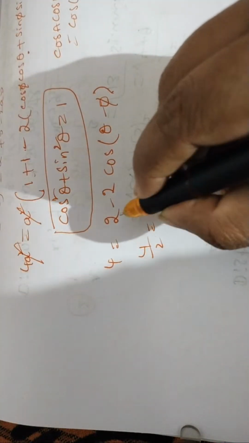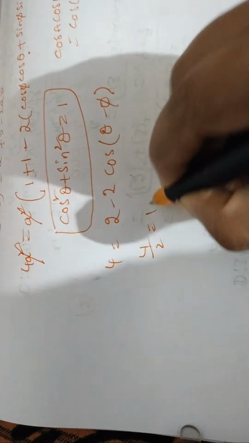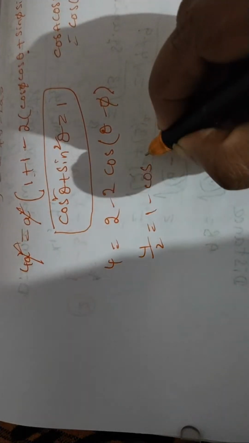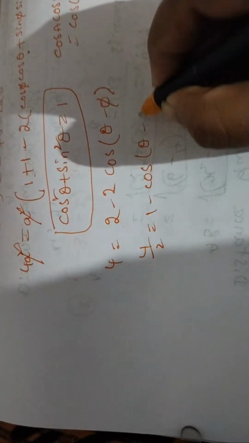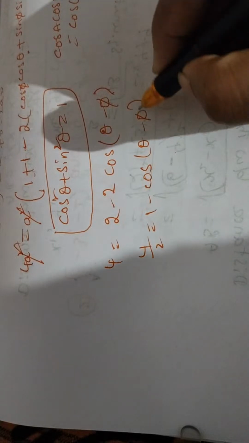So now take 2 common. When we take 2 common, divide this 4 by 2. The remaining is what? I took common 2, so 1 minus cos of theta minus phi.